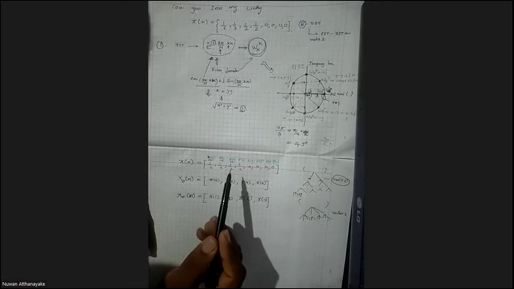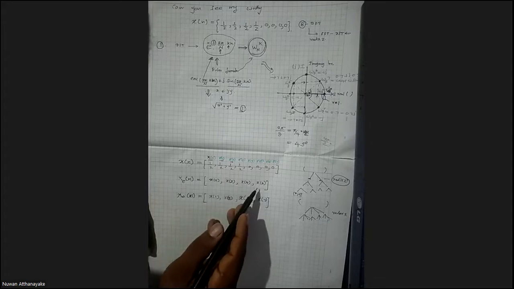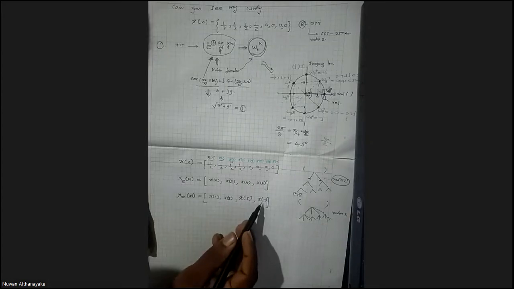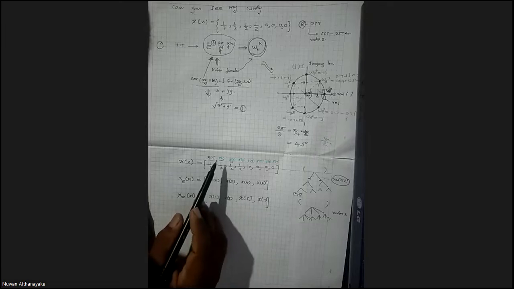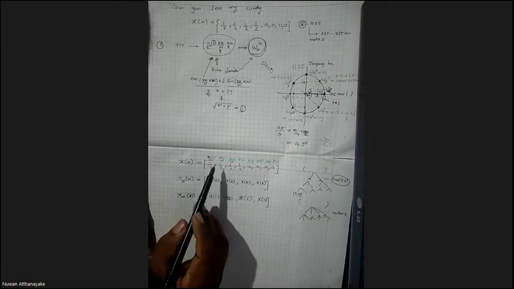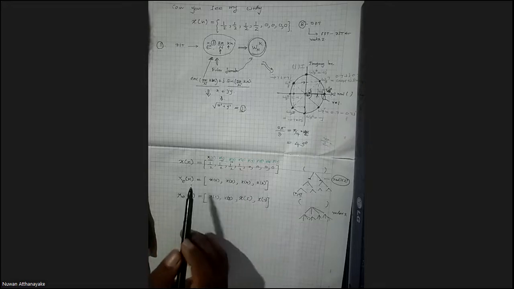That is the rule. You can't group x0, x1, x2, x3, and then x4, x5, x6, x7. You can't group that way. You can't select the near component; you have to select the later component.